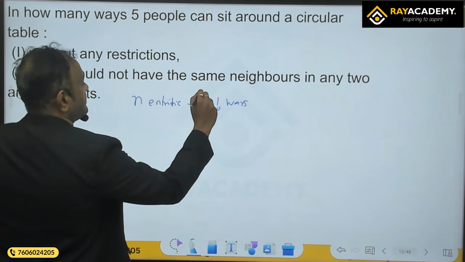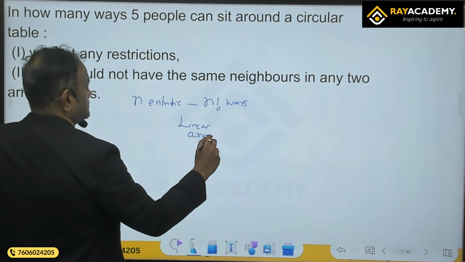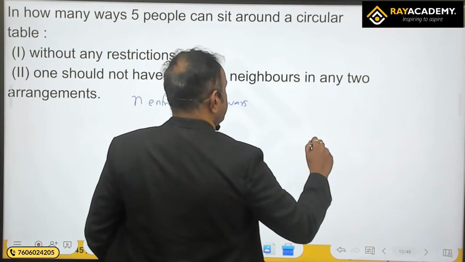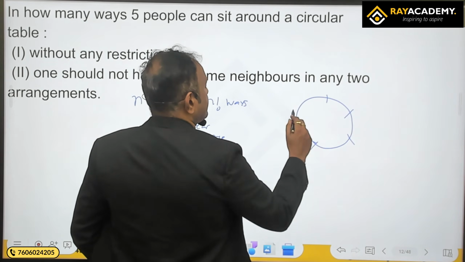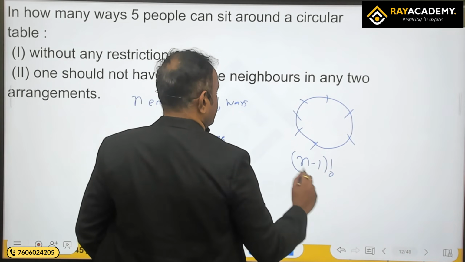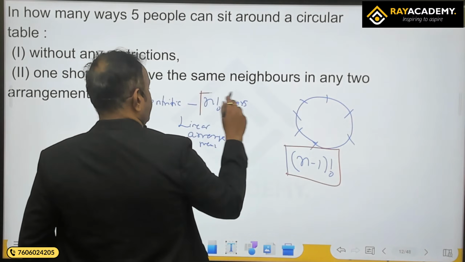This is linear. Same thing, if it is circular sitting, they will give circular chairs, n entities, that can be done in n minus 1 factorial. Only this is the difference. Circular is n minus 1 factorial, linear is n factorial.